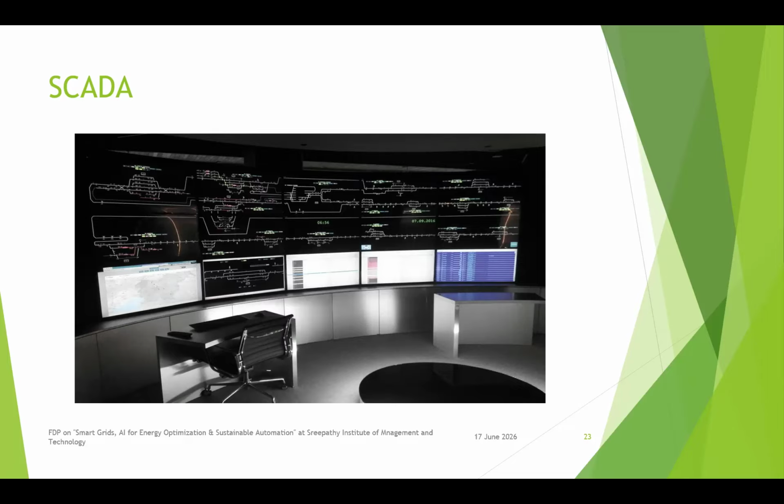This is the control unit, and the operator uses the SCADA system to monitor the grid conditions. It can remotely control and monitor the remote grid conditions, and faults can be identified easily.